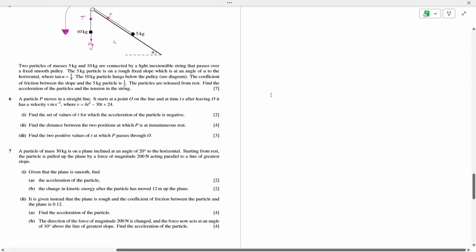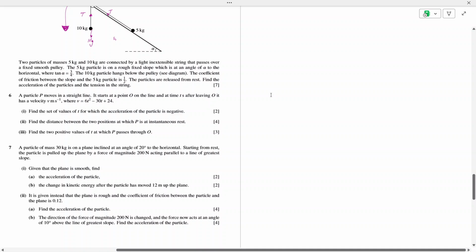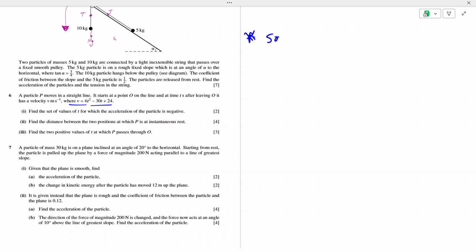Question 6, it says, a particle moves in a straight line. It starts at a point O on the line at time t seconds. After leaving O, it has a velocity v meters per second, where v is equal to that. Right? There's also one thing that I want you to note. We use the SUVAT equations.